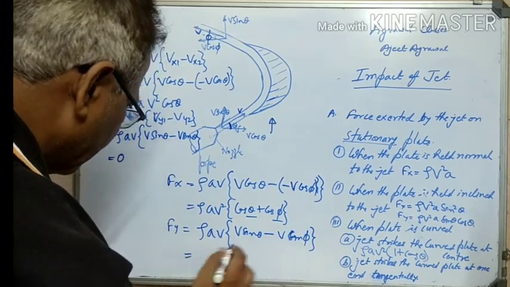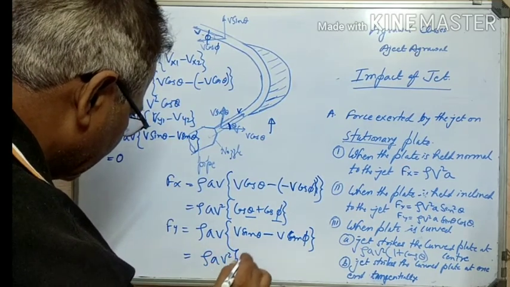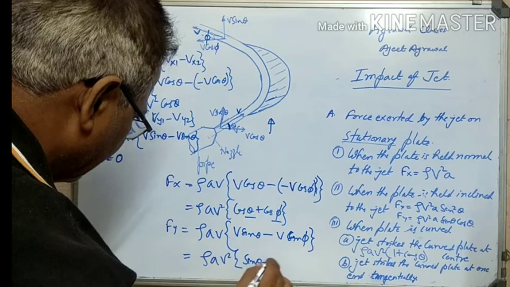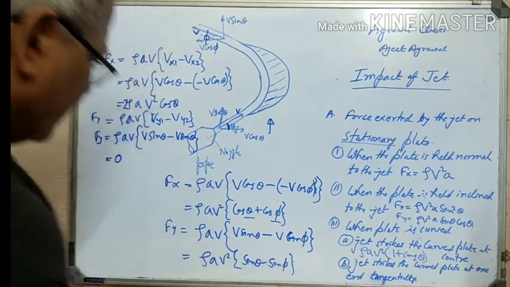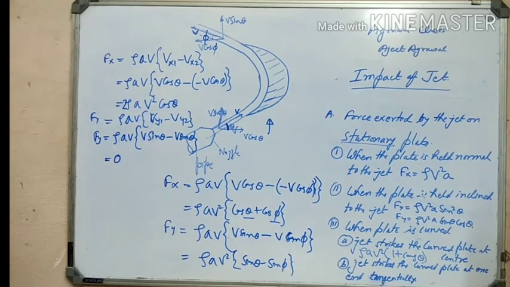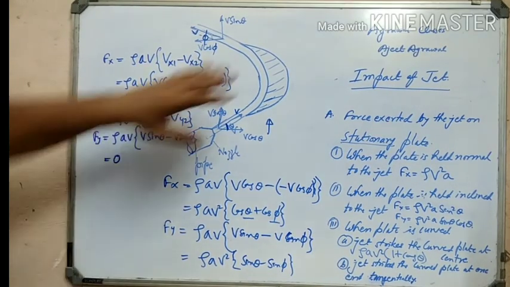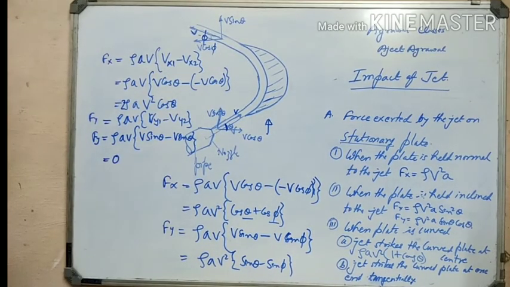So this will be the formula, rho A V square (sin theta minus sin phi). This is the formula to find the force exerted when the blade is unsymmetrical. This is all about the impact of jet.